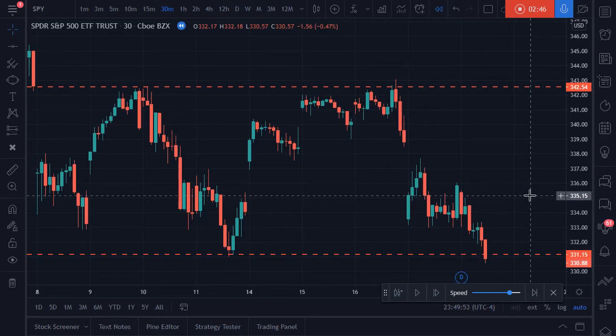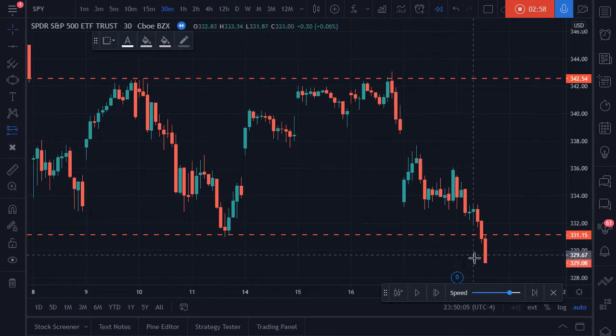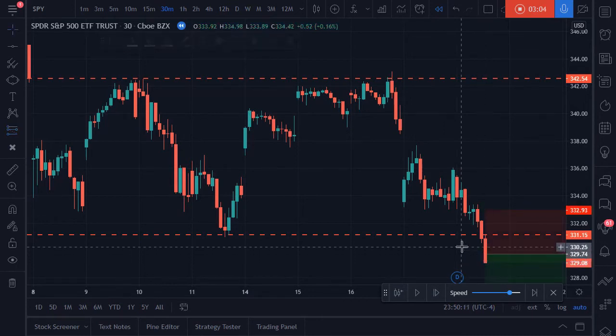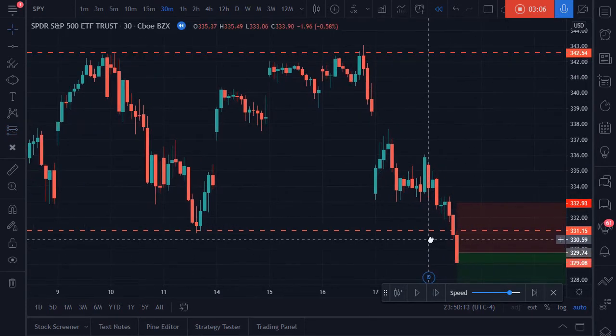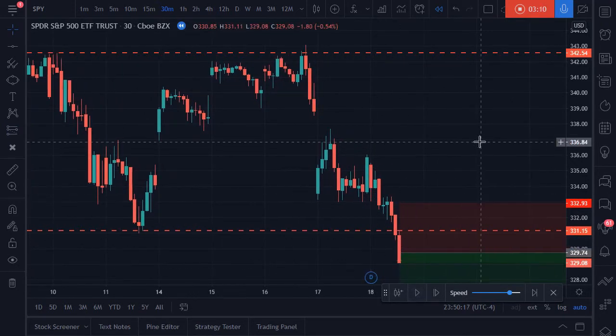But it's not over yet, because we got to this support level, but it broke below it. Now, what we could do is take a breakout. A breakout is where we're looking for price to break a major support or resistance, and we're just going to jump in. And people can do this because they don't want to miss the move. But let's just see what happens here.